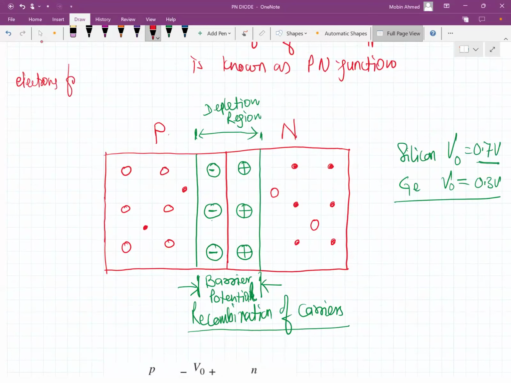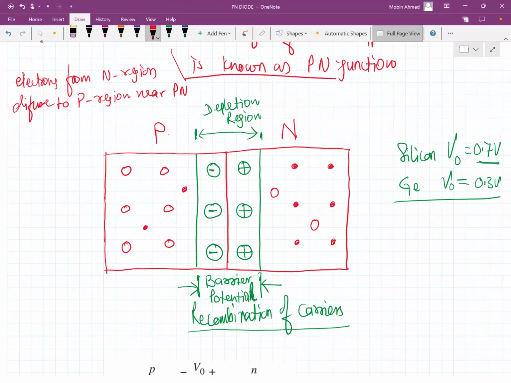Electrons from N region diffuse to P region near PN junction. So it develops the depletion layer.